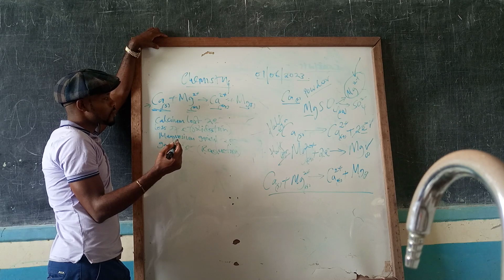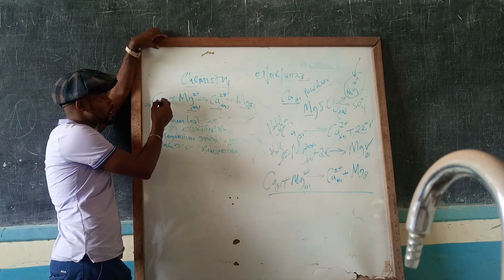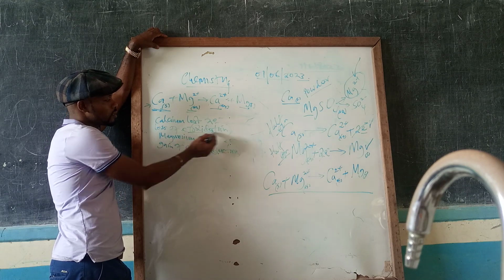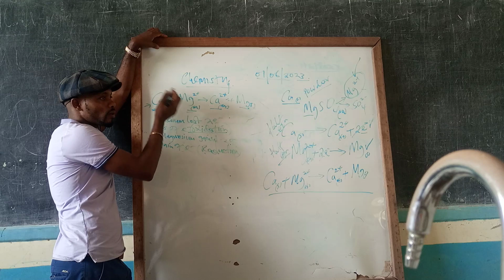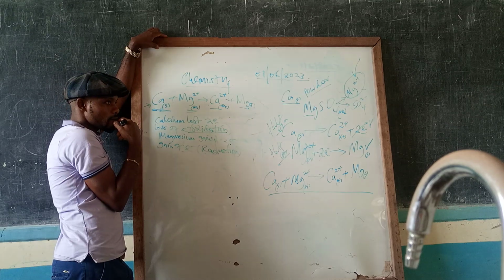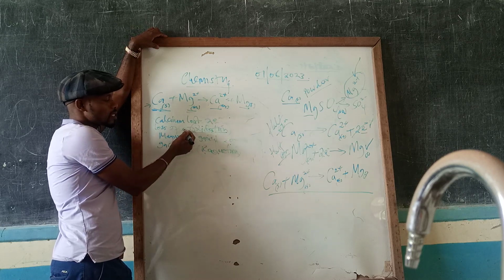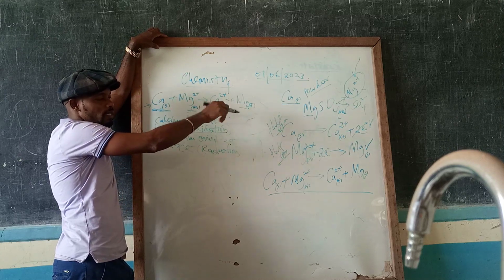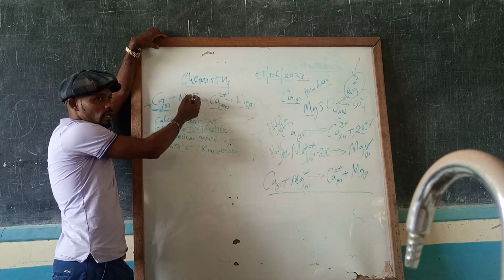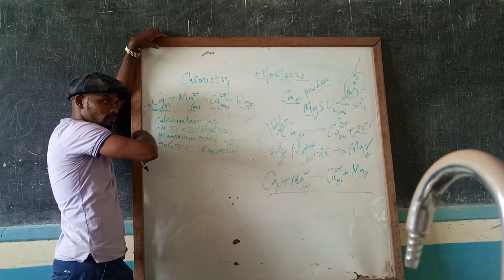Has calcium lost electrons or gained electrons? Lost electrons. So when it loses electrons, it falls under oxidation. Is it an oxidizing agent or reducing agent? Oxidizing agent, because it has lost electrons. Why? It has oxidized magnesium, while magnesium has gained those electrons.